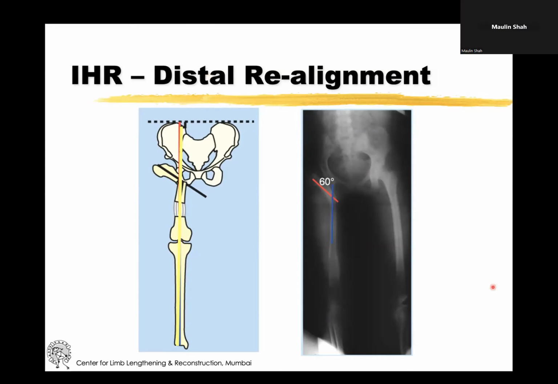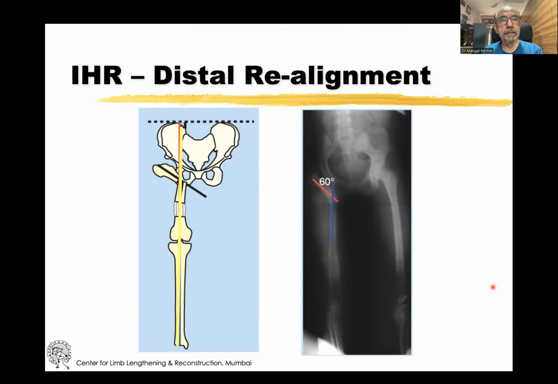So while we are correcting it, we have to make sure that the mechanical axis is centralized. Yes. And in the future, if it changes, whenever you do the correction, because you can't predict which of these osteotomies is going to remodel. Okay, so it can just be done again. For example, if your valgus does not remodel too much, then you may just need to do a lengthening osteotomy.